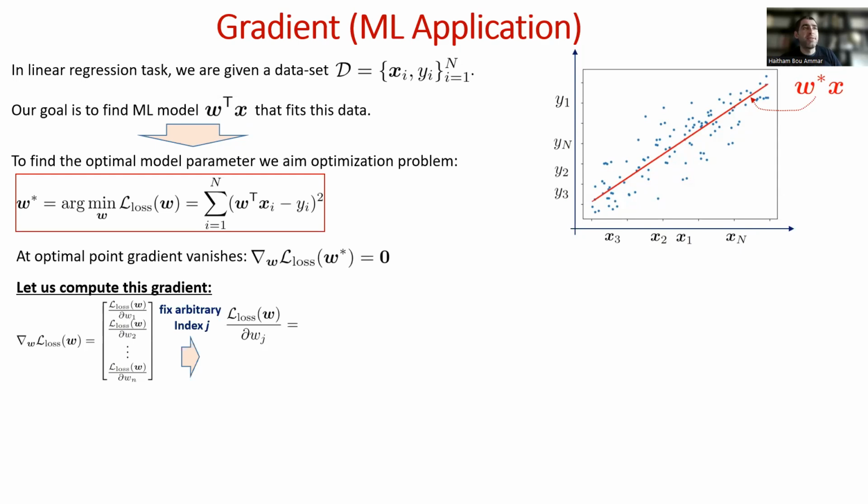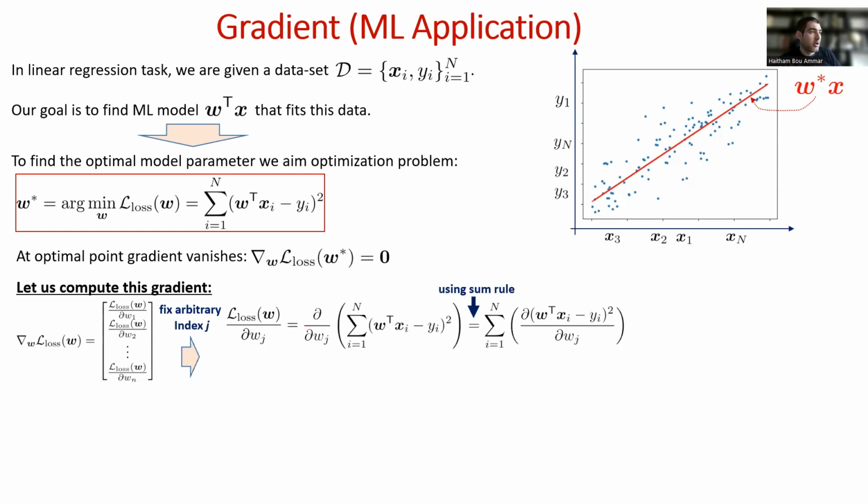Let's fix the jth component and calculate the partial derivative of this loss function with respect to that jth component. In order to do that, we need to find the partial derivative of our training loss. Using the sum rule, we know that the partial derivative of a sum is the sum of the partial derivatives.